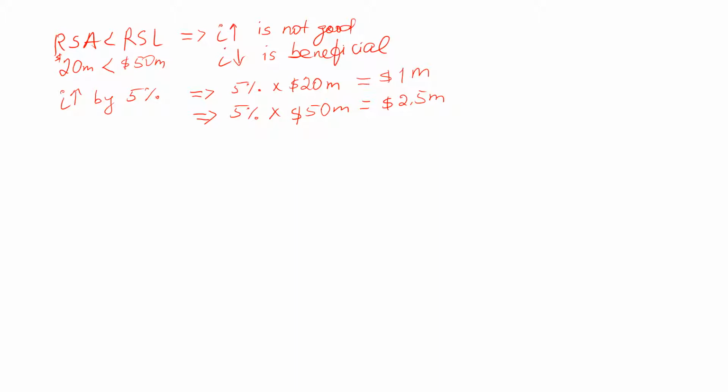So therefore, the difference between these two: consider $1 million as a positive number because that's the extra that the bank is receiving, and consider the $2.5 million as a negative number because that's the extra that the bank is paying.